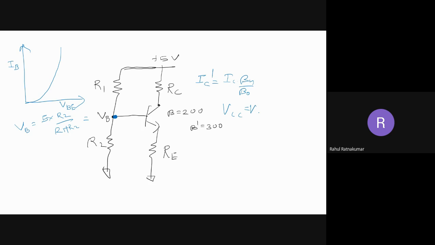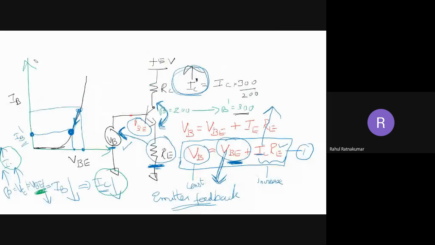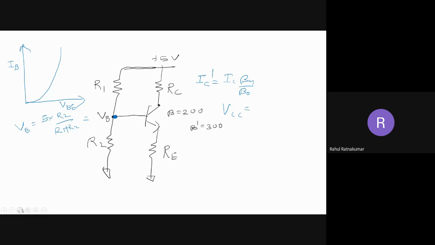So VCC equals IC RC plus VCE plus IC RE. Approximately IC equals IE.